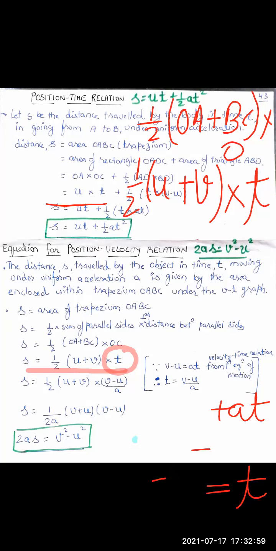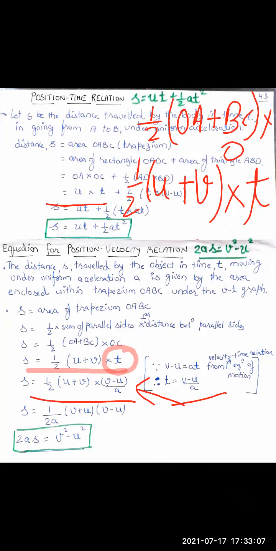So T equals V minus U by A. Let's put this value over here. So you will have half U plus V into V minus U by A.